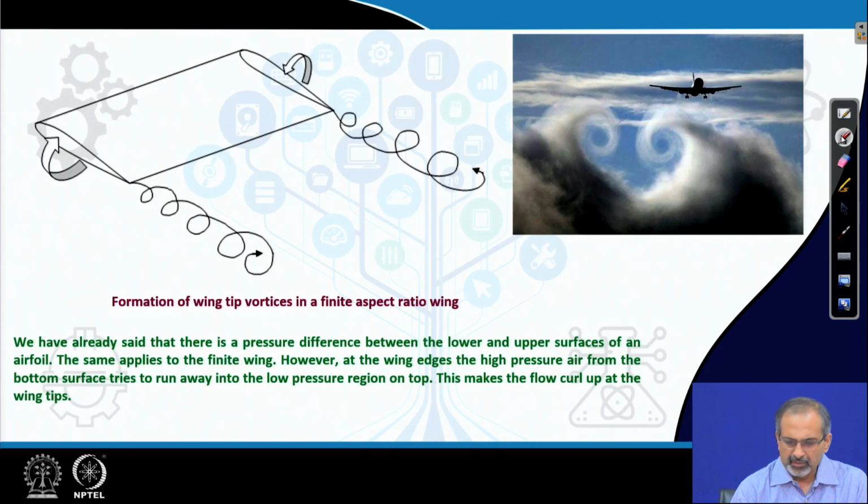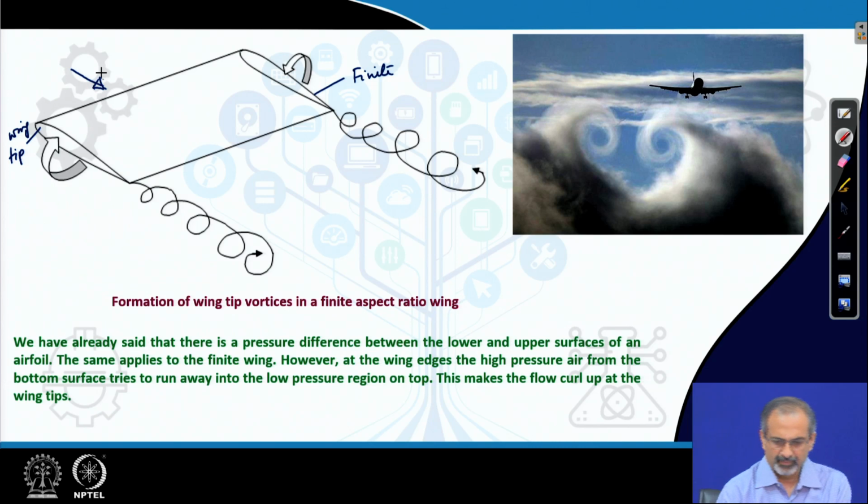Let us look at some of the more detailed features of what is going on when you have a finite span. So, this is a finite span wing. These are the tips of the wing, we say wing tip, the flow is approaching from that direction, and there is formation of so called wing tip vortices when such a flow occurs.